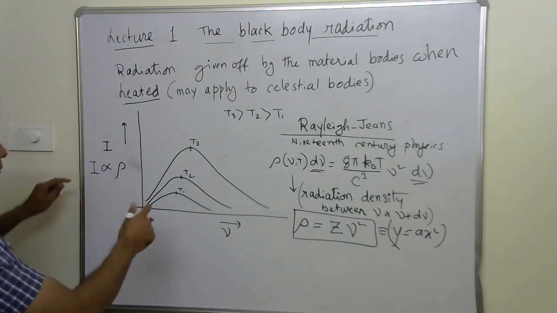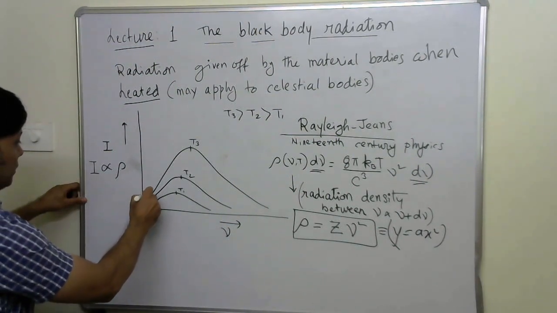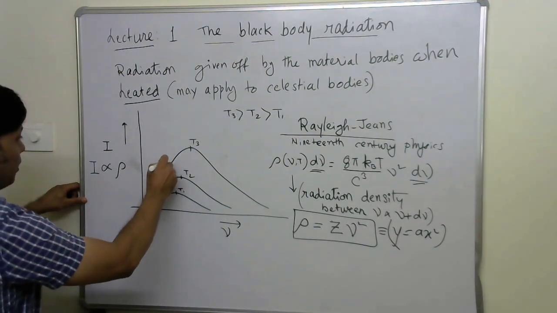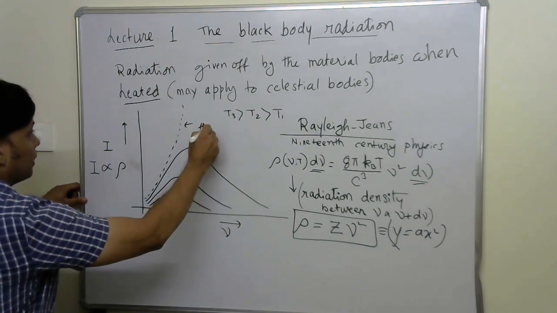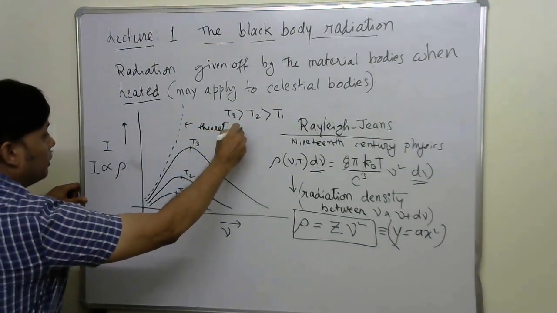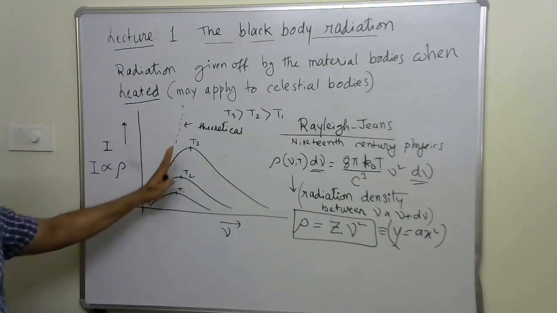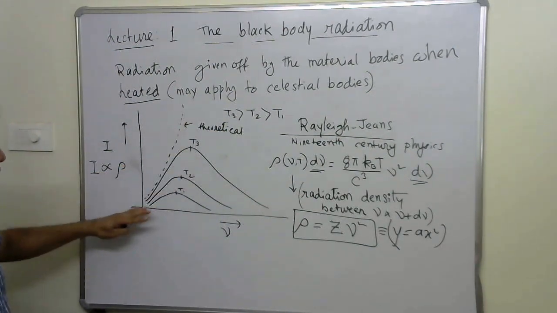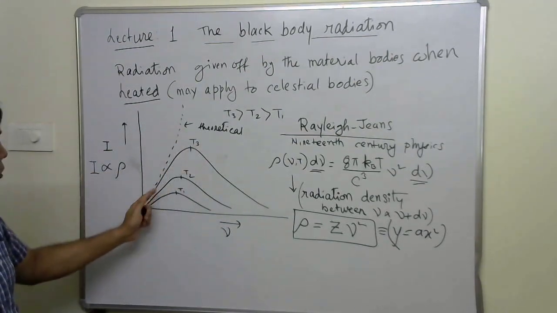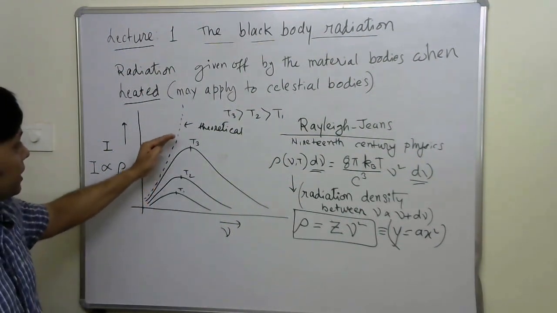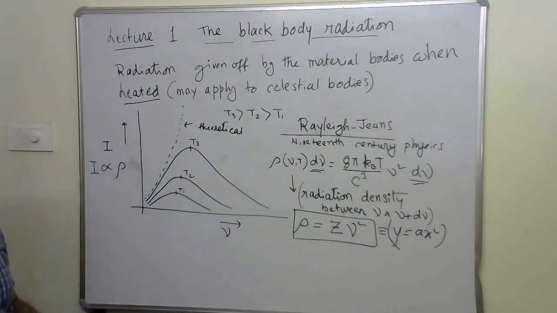If we plot rho versus nu, or I versus nu, the theoretical graph would follow the right-hand curve of a parabola like this. So it won't converge, meaning it won't follow the experimental outcome of the blackbody radiation.